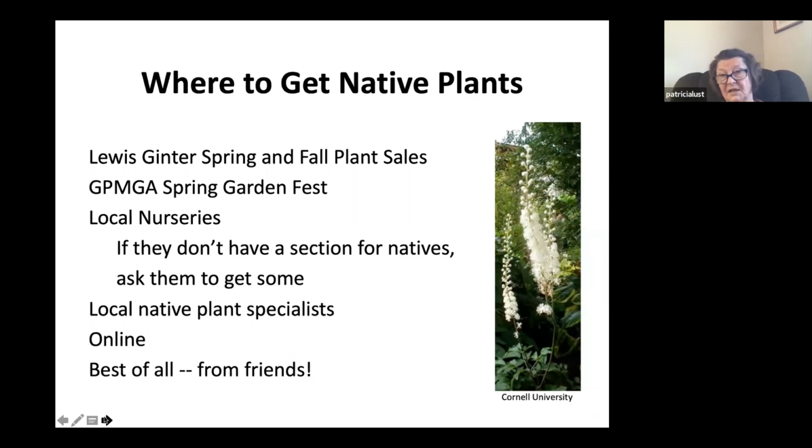I'm not going to mention any of them, but if you contact me, I can tell you who they are in the area. There are a lot of online resources. I use a couple of online resources, especially for seeds. And then best of all, from your friends. You go have coffee or tea with your friend and dig up some stuff, and then invite them to your yard to dig up some of your stuff.